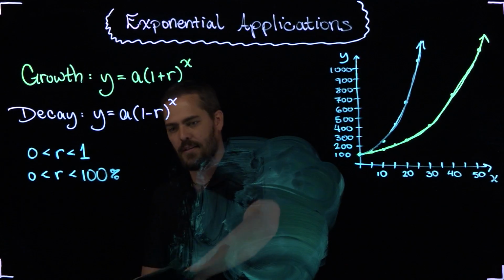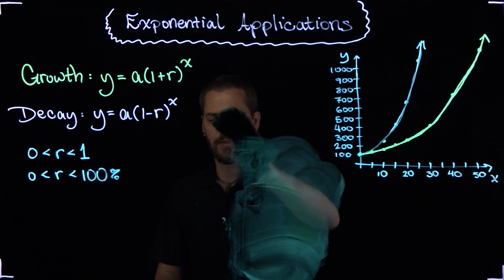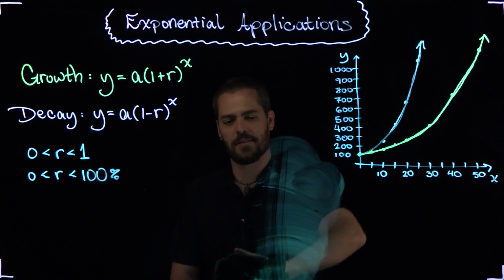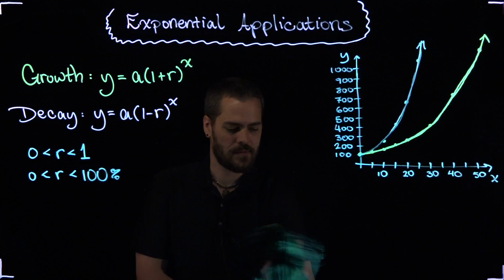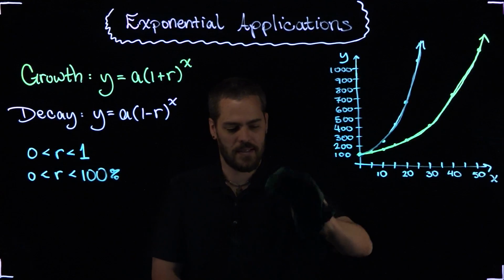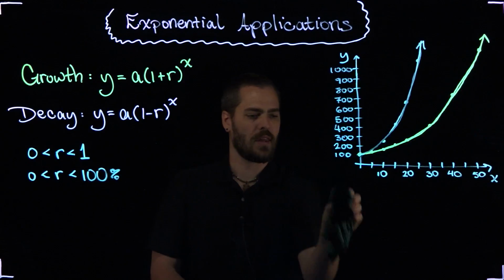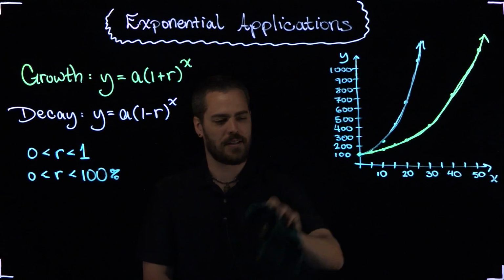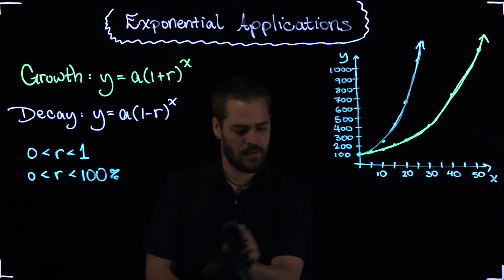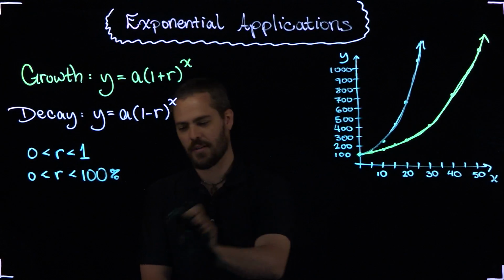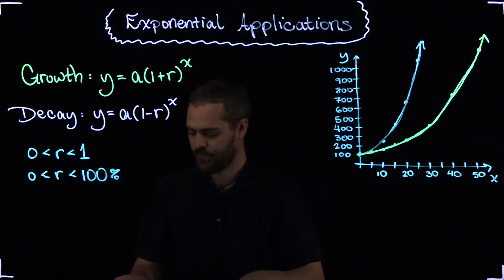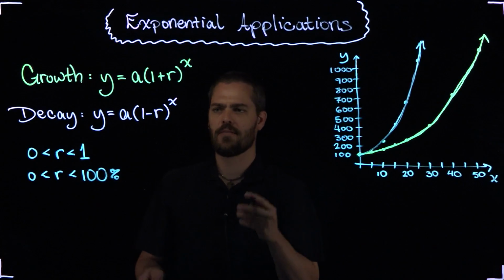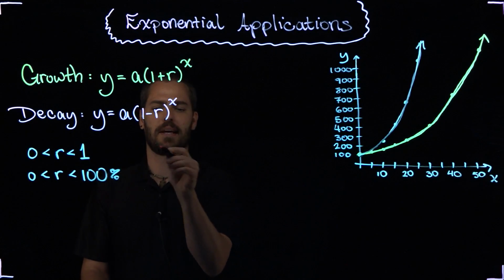Maybe it's every 5 minutes you lose 15%. Maybe it's every 5,000 years. Different atoms decay at different rates. But let's just call it generically periods. And then you can insert whatever number of units you want there, if you want it to be years or minutes, whatever you want.